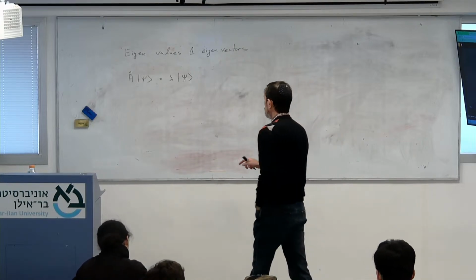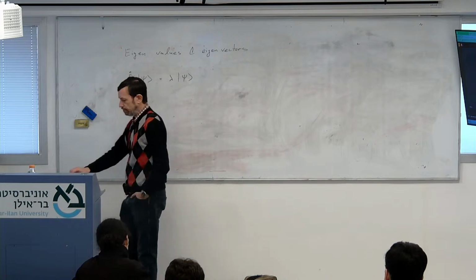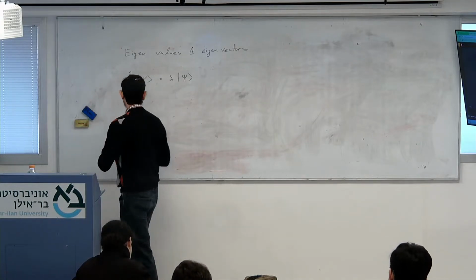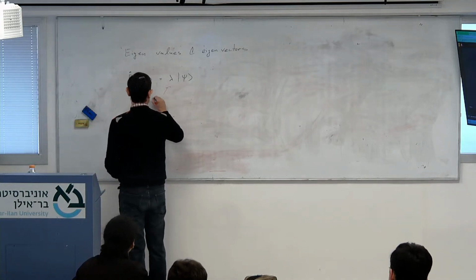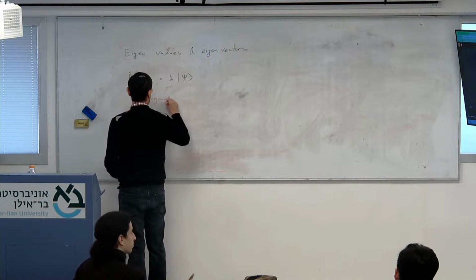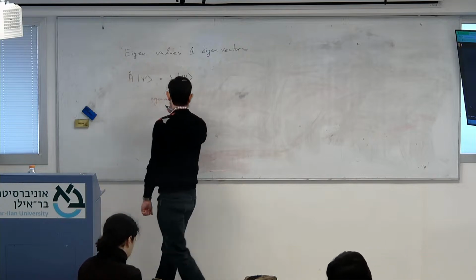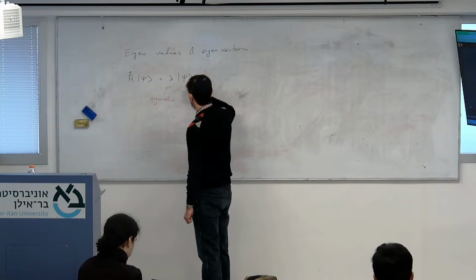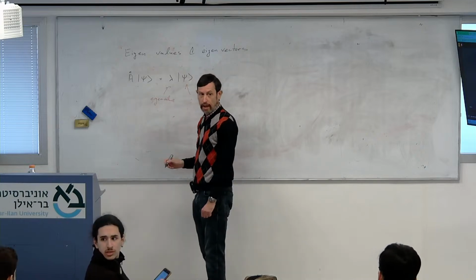The scalar is the eigenvalue, and psi is the eigenvector.